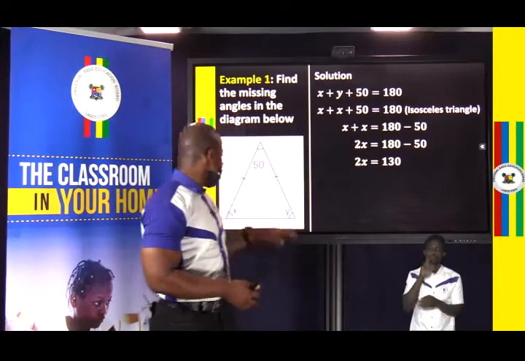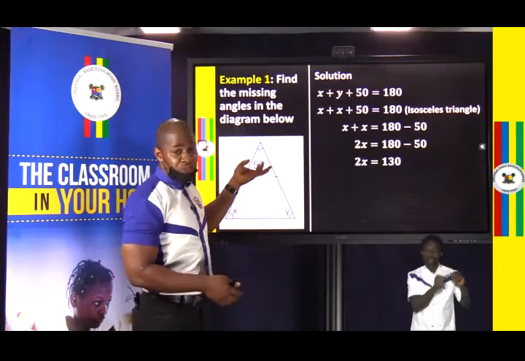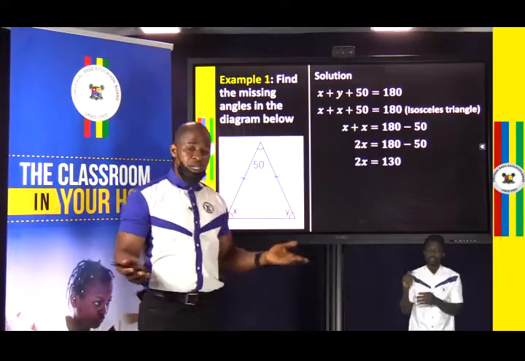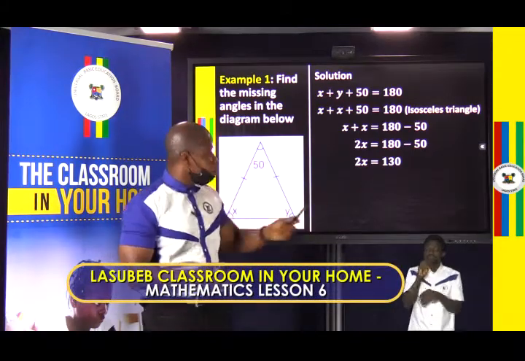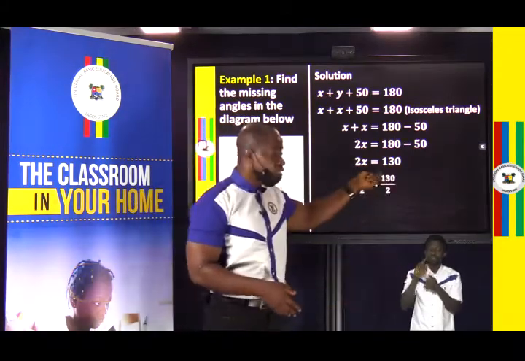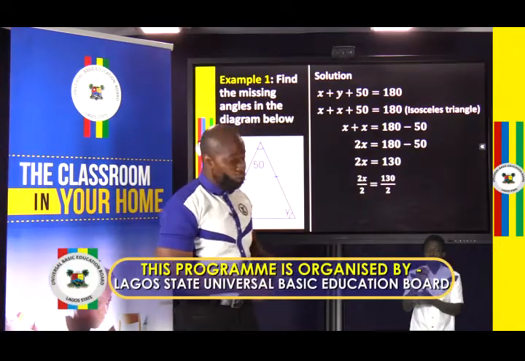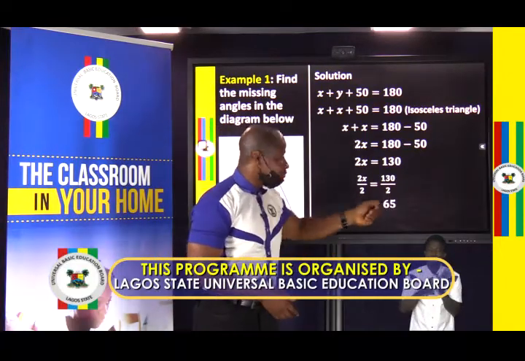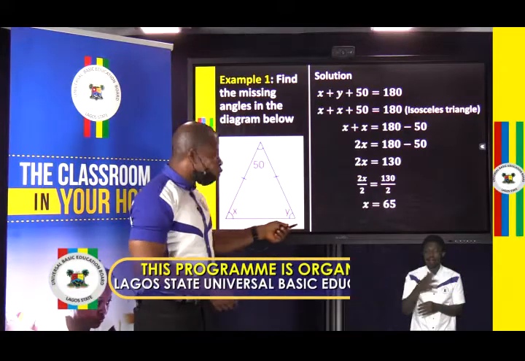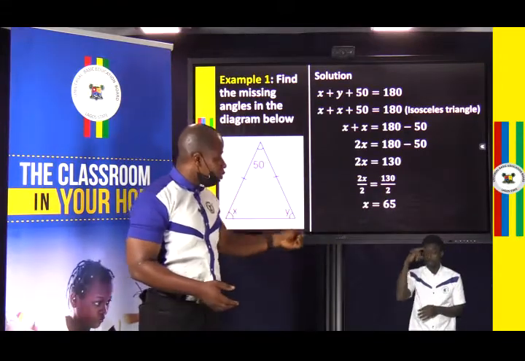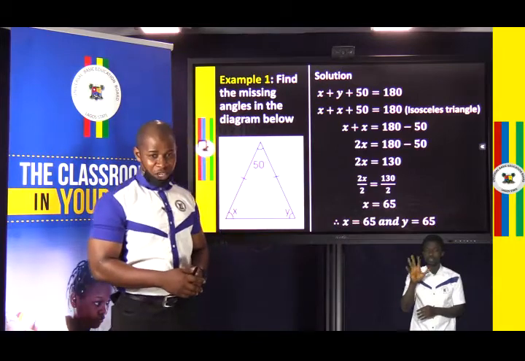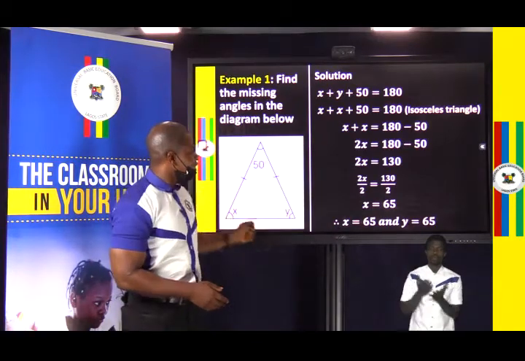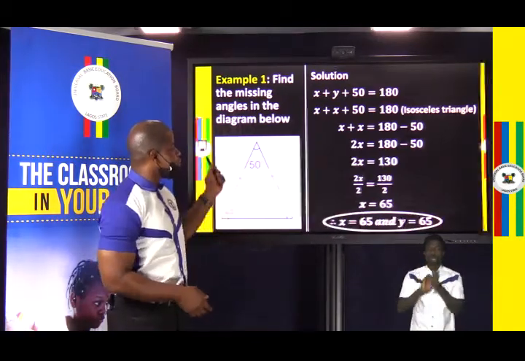That means that the remaining two angles, because if this one is 50, the remaining two must be 130 altogether. But both of them are equal, so we divide this into two equal parts. 130 divided by 2 means that X is 65 and Y will also be 65 because they are equal. X is 65 degrees, Y is 65 degrees. All right, so let's take a look at another example.